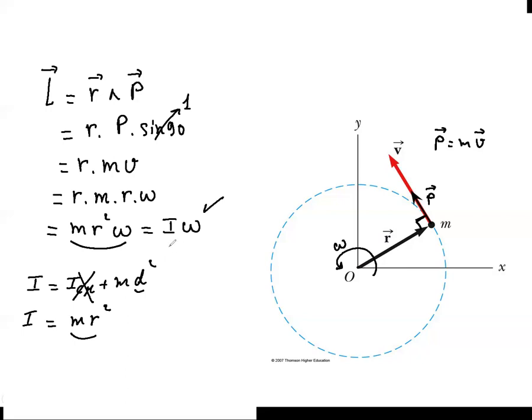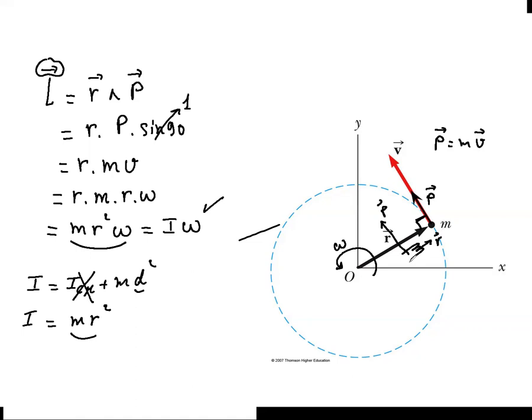What about the direction of L? Here we can follow the same procedure like the torque tau. We have to use the right hand rule. We put your fingers in the direction of r, and p must be out of your palm.